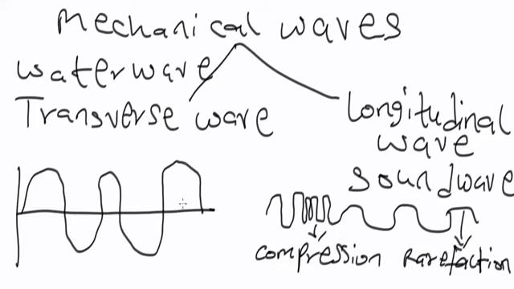Now the peak of a wave, or the top of a wave, is known as the crest, whereas the bottom is known as the trough.